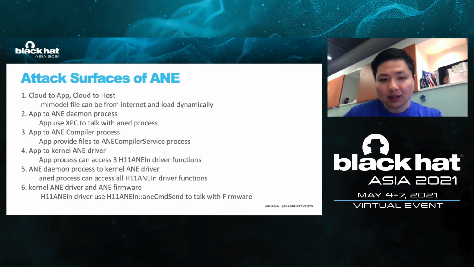The third attack surface is the app to the ANE compiler. Although the app does not directly interact with the ANE compiler, the app's files will be directly transferred by the ANED daemon to the ANE compiler. The ANE compiler is transparent to the app to a certain extent.